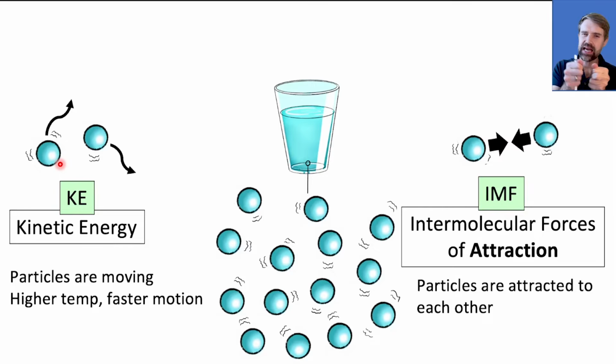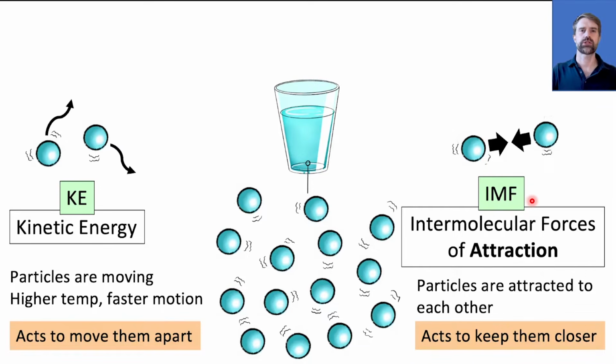They want to stick together. They all experience what we call intermolecular forces of attraction, or IMF for short. IMFs are trying to pull the particles closer together. It's kind of like the particles are all tiny magnets. They're attracted to each other.